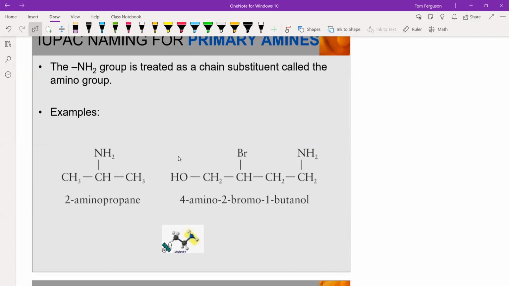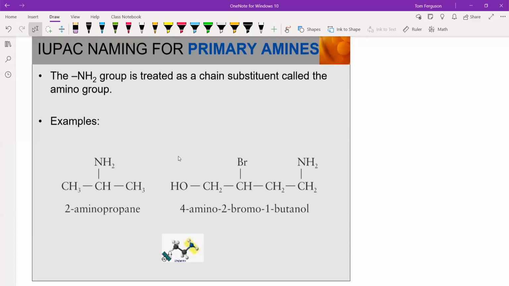Okay, the IUPAC name for this is basically treated as a branch. So, 3-carbon backbone, and at position number 2 is an amino group.